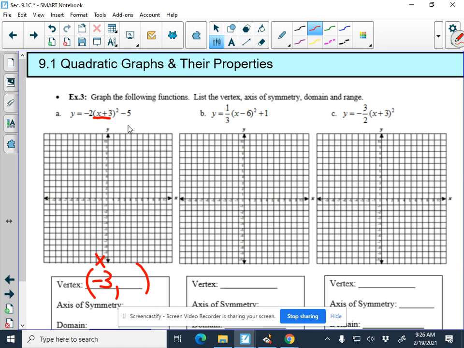The new vertex would move 3 to the left. But then this gives me the y coordinate, and that one's not opposite because there's no x there. It's not putting anything in. So the new vertex will be at -3, then down 5, and you'll put a dot. And you can see that just by looking at the equation when it's in this form.